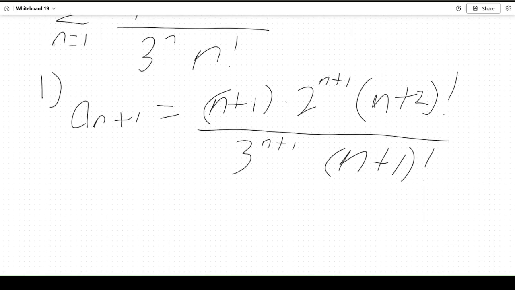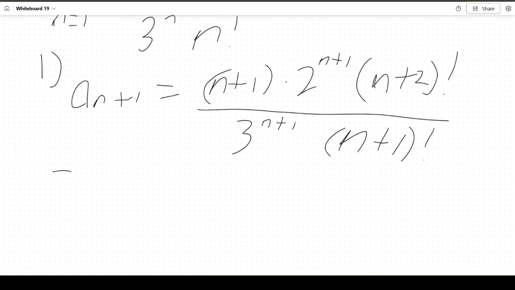Now we've got to distribute this. So we're left with n plus 1. Then we're left with 2n times 2.